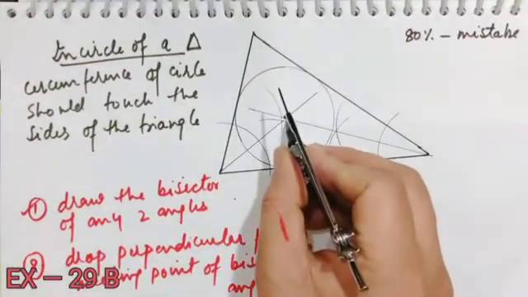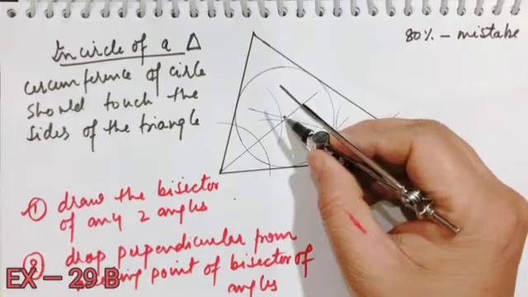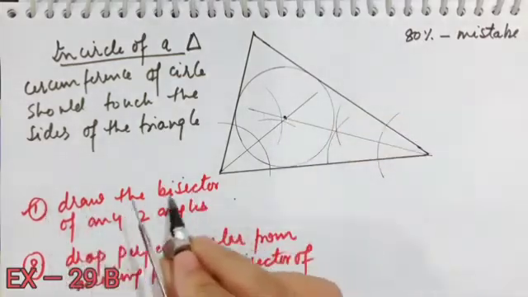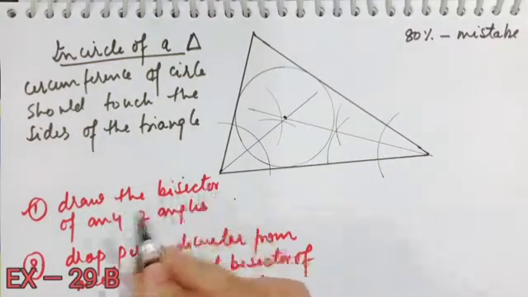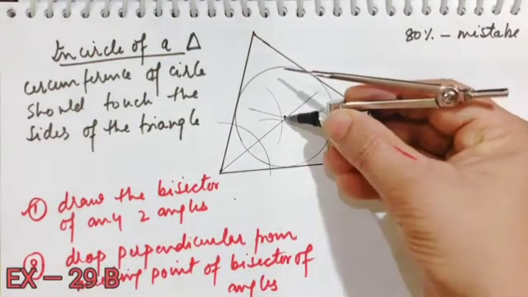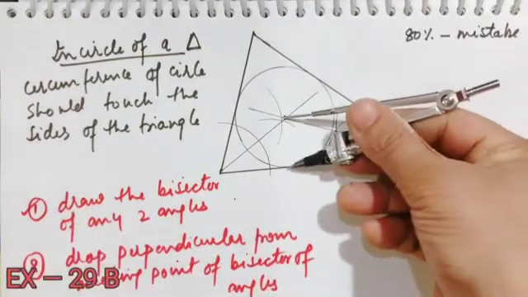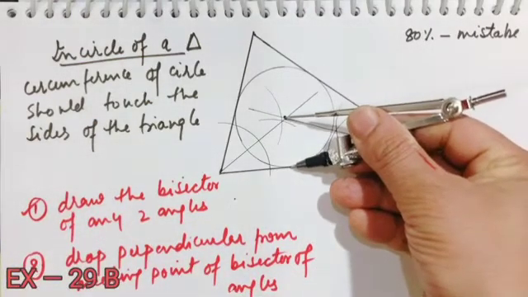So I got this particular point. मुझे यहाँ पॉइंट मिला. Once you drew the bisector of these two angles, after that you will have to drop a perpendicular from यहाँ से यहाँ. तभी तो only then you can take the radius, isn't it?